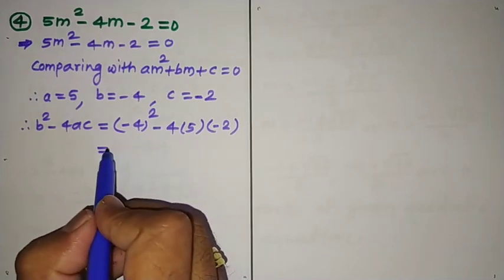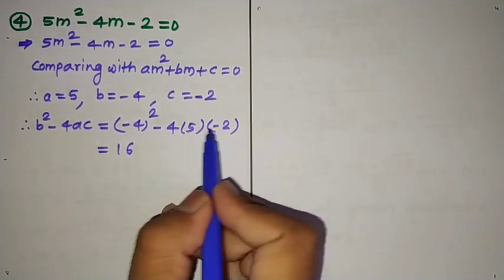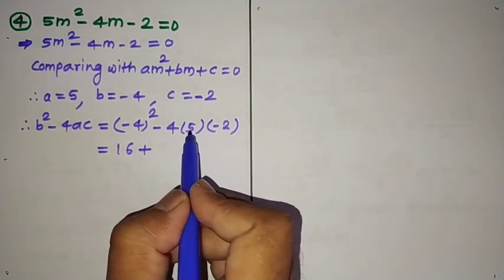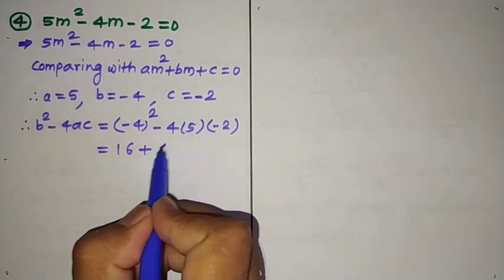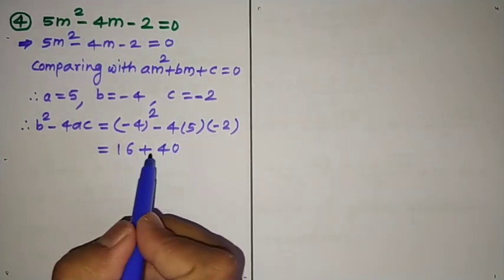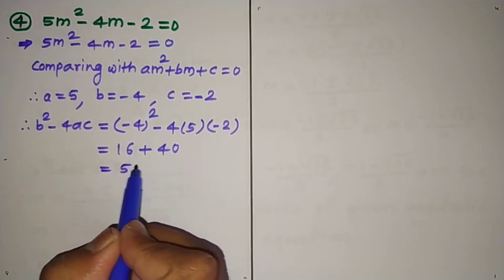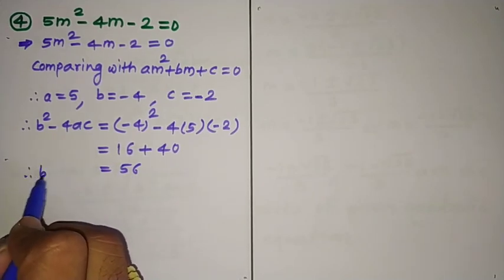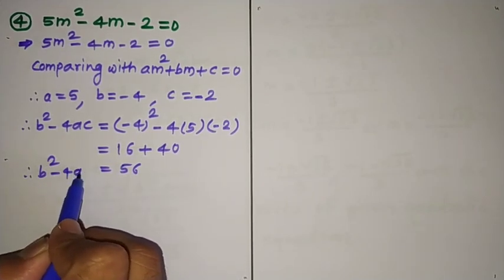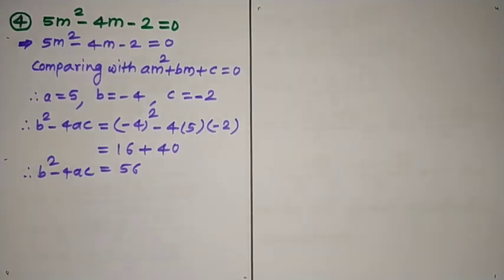Therefore, square of -4 is 16, minus minus plus, 4 5s are 20, 20 2s are 40. 16 plus 40 is equal to 56. Therefore, the value of b square minus 4ac is equal to 56.